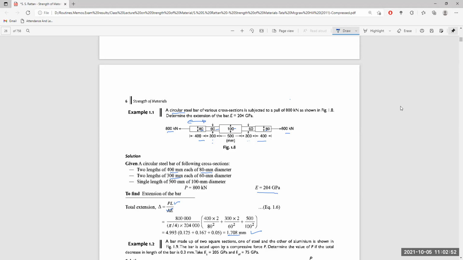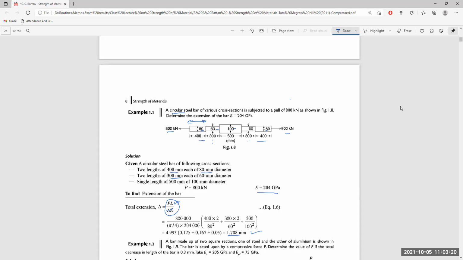Now we follow this formula. P is the same, but L is different. A is different, but E is the same. So first put P here and E here, and the cross section here has a common pi by 4.